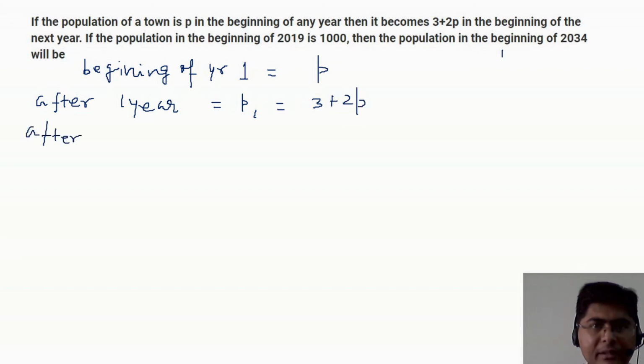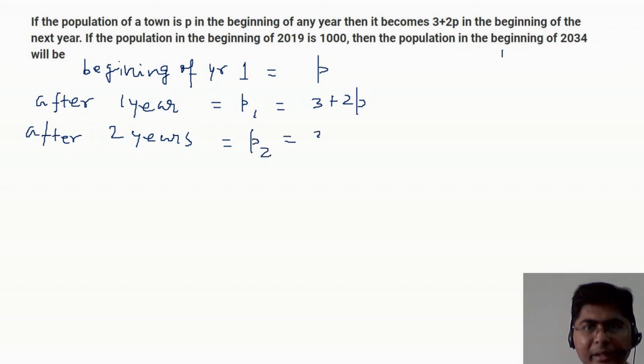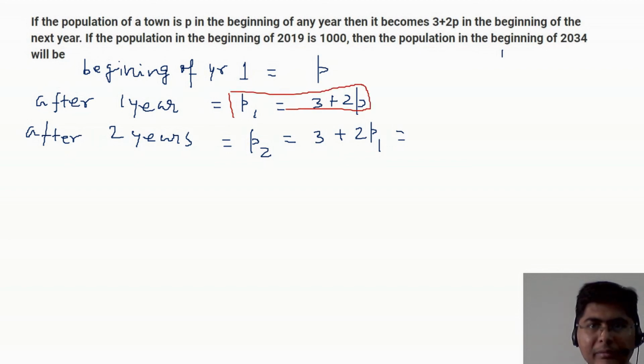Now after 2 years, what will it become? Let's say P2 is equal to 3 plus 2 P1. What is the value of P1? This is the value of P1. So I'm replacing it here.